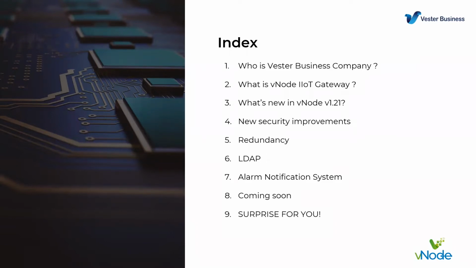What is new in version 1.21? What are the new features related to security improvements, redundancy, LDAP, and alarm notification systems? And of course, we are going to talk about what is coming in the next 2 months with the new features that will be added in the new version.